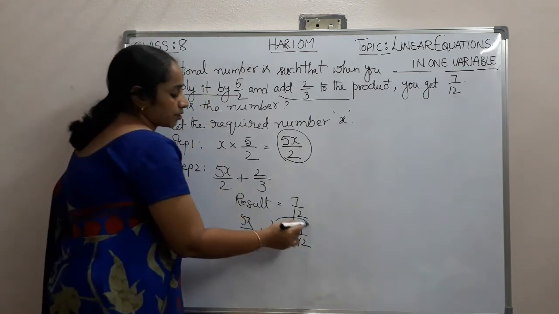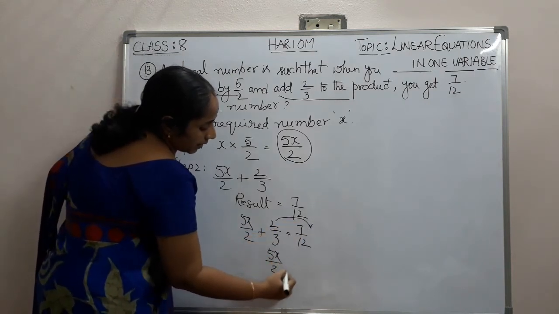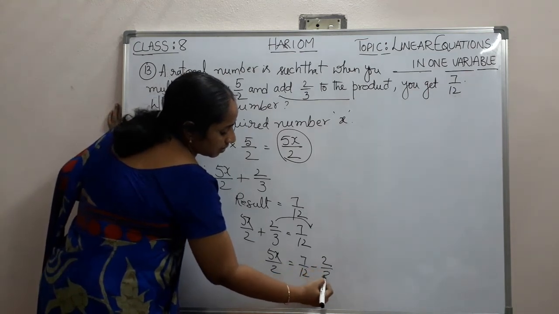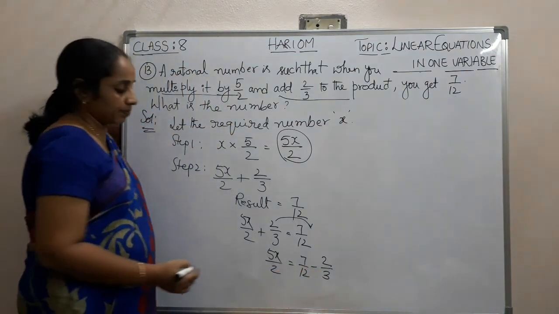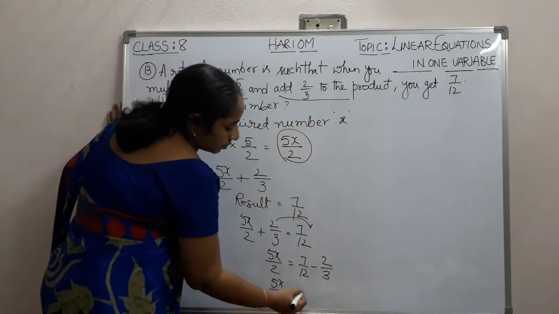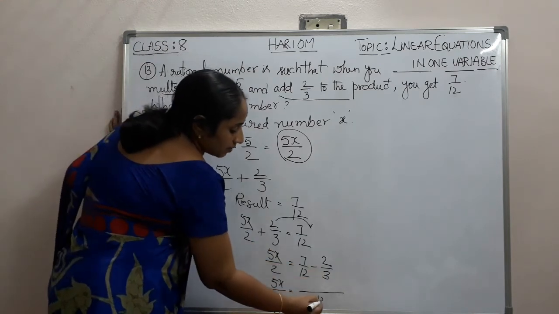Now take this plus 2 by 3 to this side. It is 5x by 2 is equal to 7 by 12 minus 2 by 3. 5x by 2 is equal to, LCM of 12 and 3 is 12.